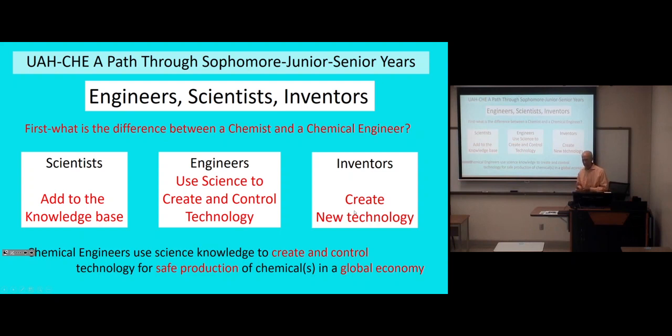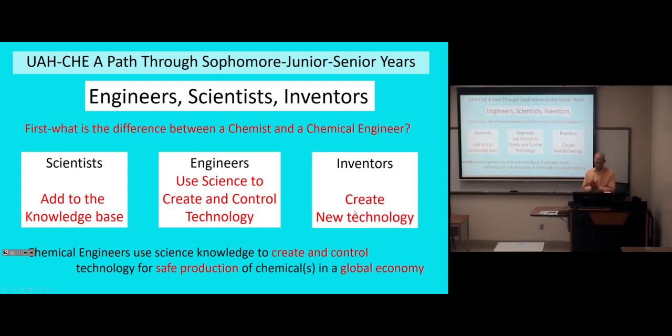We'll give an example later as far as penicillin goes. Penicillin was a wonderful drug when it came out, but one of the problems was how do you scale up the production so it can come into widespread use? And that's where chemical engineers take over.